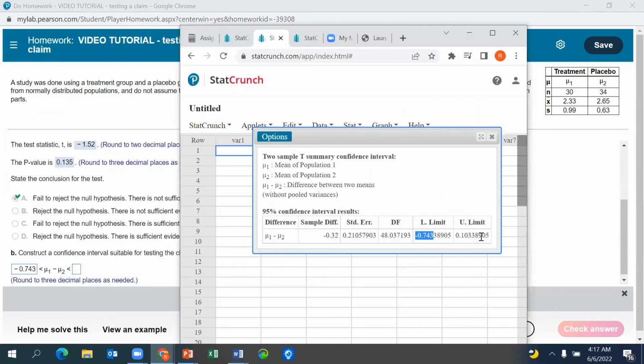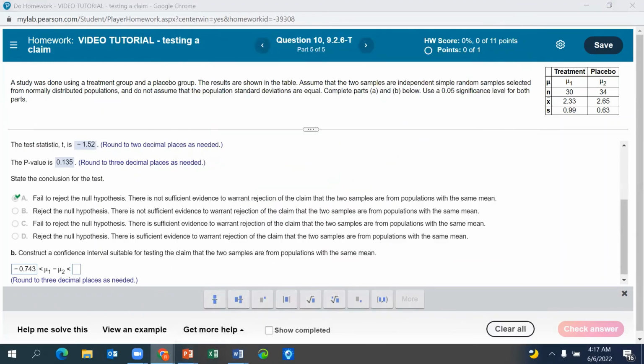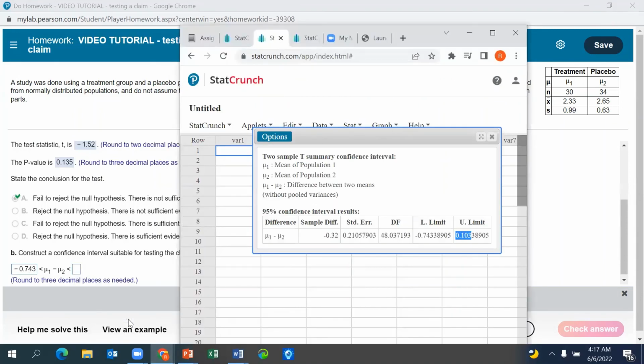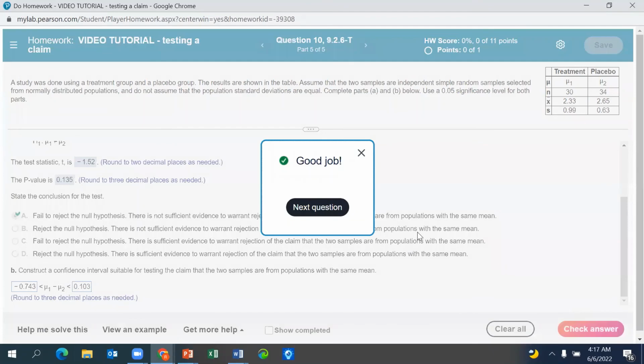And that would be 0.103. And again, 3 decimal places. Let me see if the last one is going to change. No, 0.103. So this is our answer to 3 decimal places as needed. Let's check the answer, and that is the correct answer.